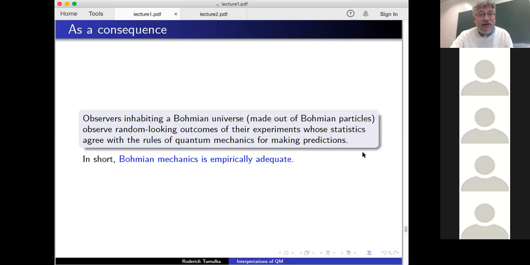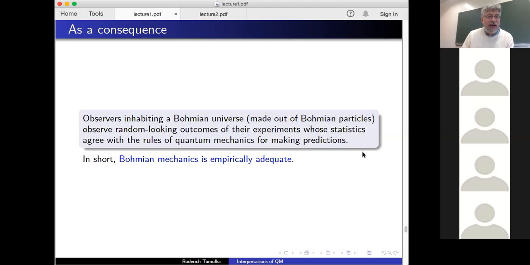Now, there's a surprising consequence of that. Or maybe surprising, maybe you're not surprised. The consequence is that Bohmian mechanics actually makes the correct predictions, the same predictions as the usual rules of quantum mechanics.